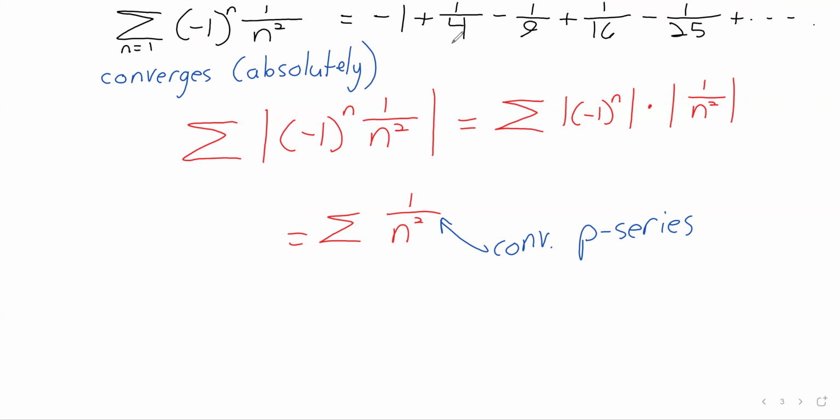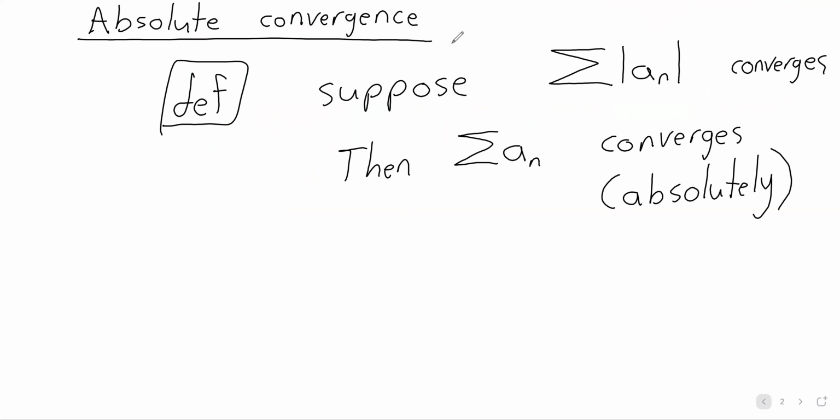So that's the idea of absolute convergence. And as for why this statement is true, well, you can think of a convergent series as finite and a divergent series as infinite.